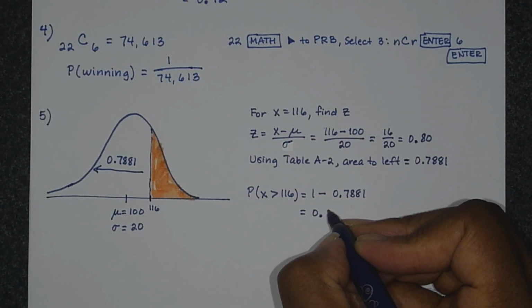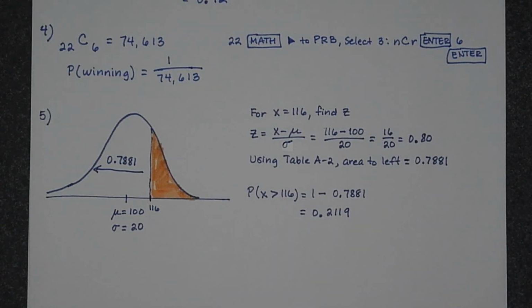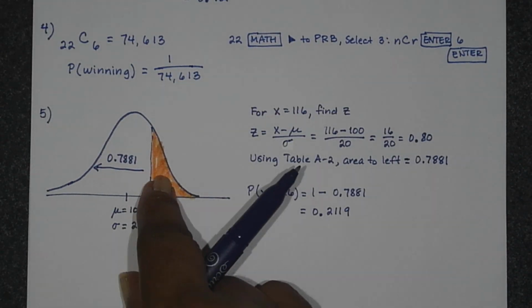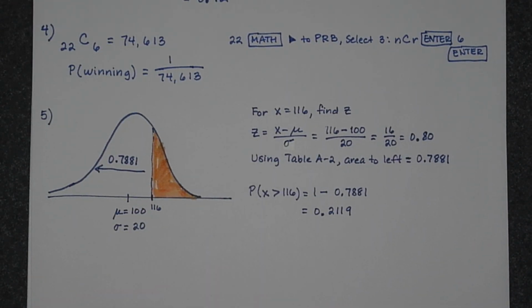Anyone? Yeah, 0.2119. So this is the area that we're looking for here. So the probability of randomly selecting an adult with an IQ greater than 116 would be 0.2119. Okay. Are there any questions about problem number 5?